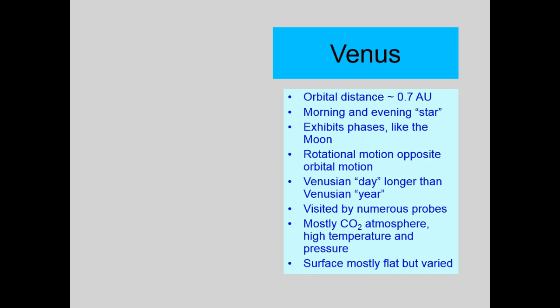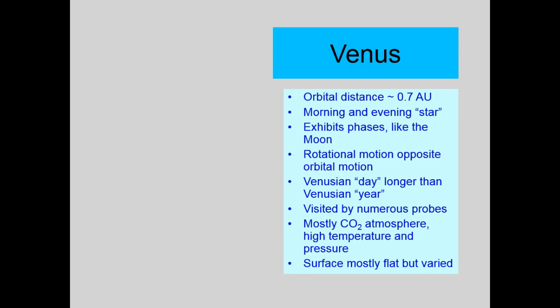Here is one of the strangest things, just about the strangest thing about Venus. Its rotational motion is opposite its orbital motion. All the planets go around the sun in the same direction. All of them. Everything goes around the same direction, but Venus spins backwards. Here's the second part of that same picture that's really strange.